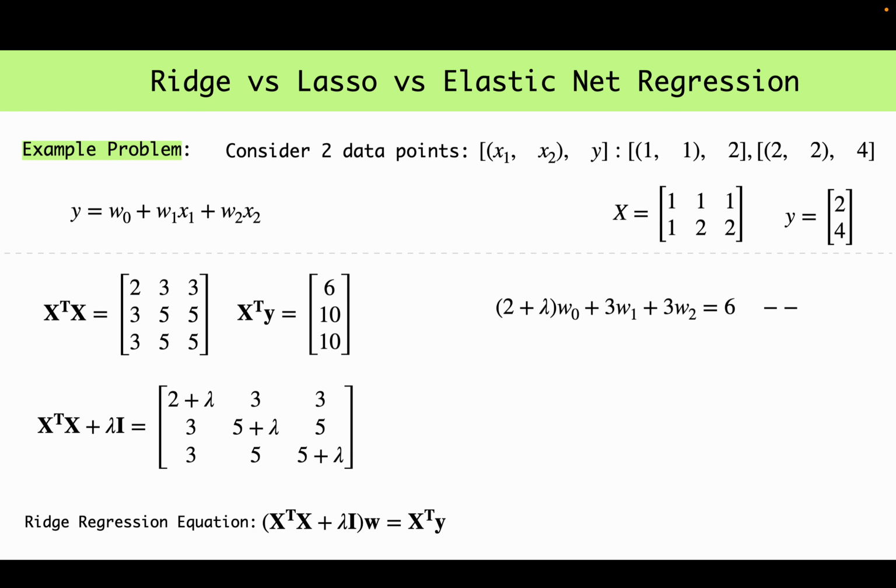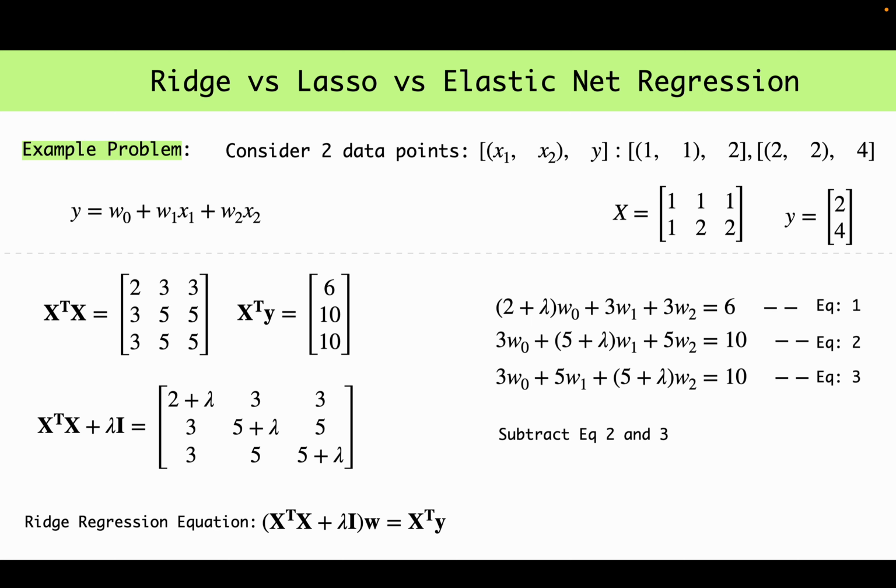When we compute these values of X transpose X plus lambda I, we get these three equations, equation 1, 2 and 3, and when we subtract equations 2 and 3, we get something like this, and we finally get w1 equal to w2. Because we know that lambda is greater than 0, it cannot be equal to 0, and the only way this can become 0 is w1 equal to w2.